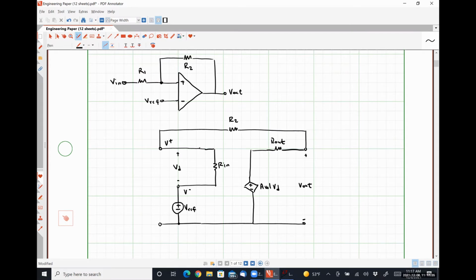And between my non-inverting input terminal and ground, I have a resistor R1 in series with my voltage source Vin, and this node down here is ground.